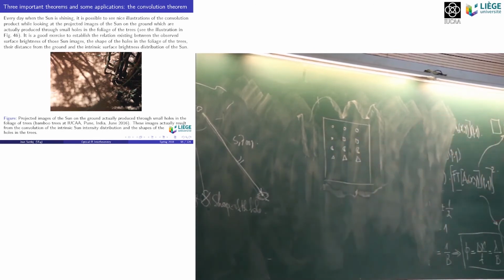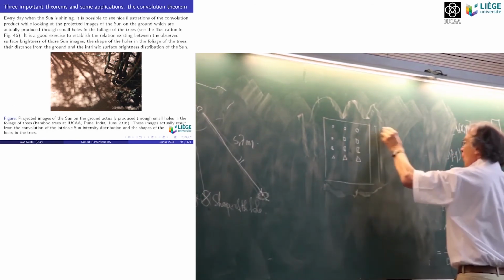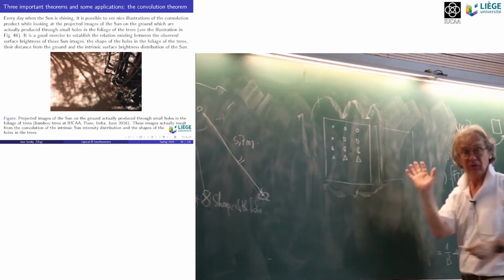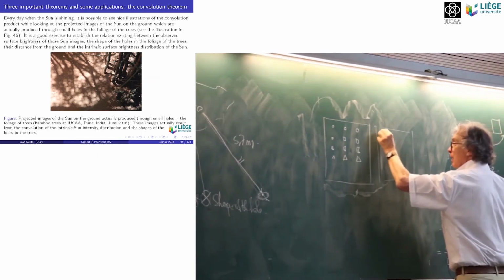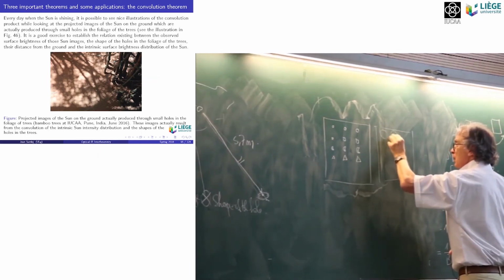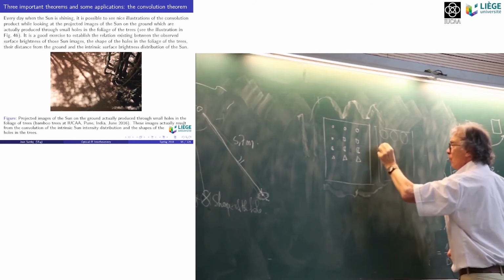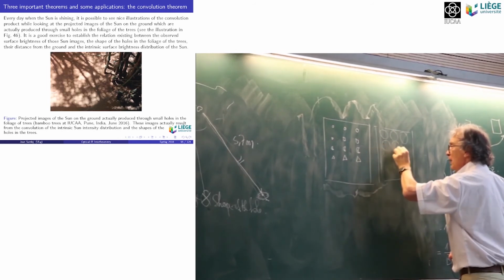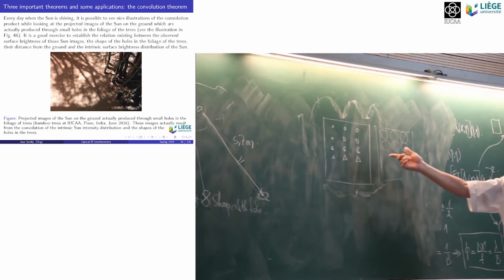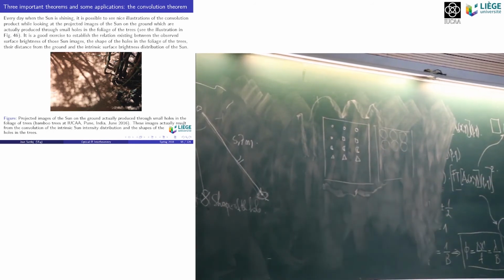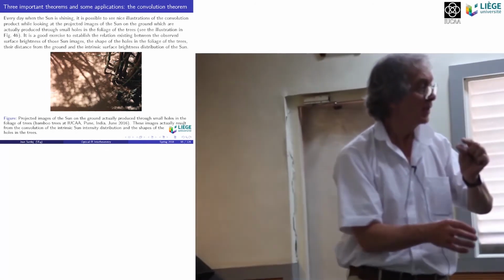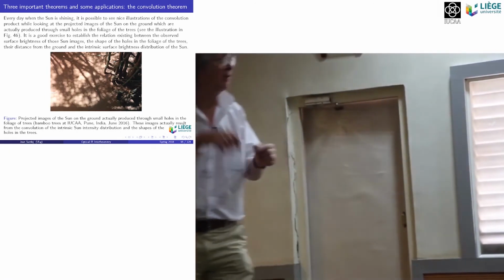Now if you go very far away, what you see on all the screens is really the shape of the sun for all of them. So it doesn't depend on the shape, because here the image of the sun is big compared to the size of the holes, so the hole behaves like a Dirac function.